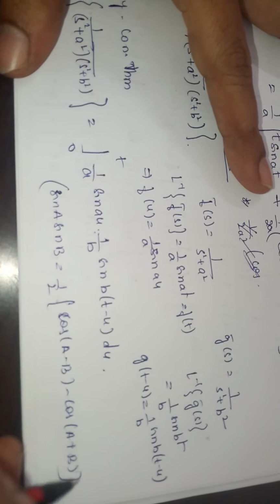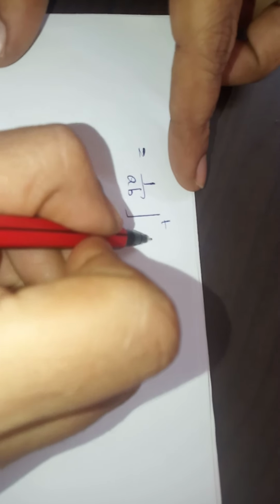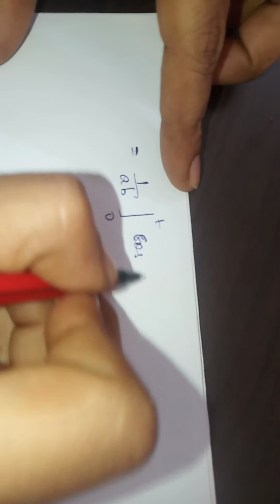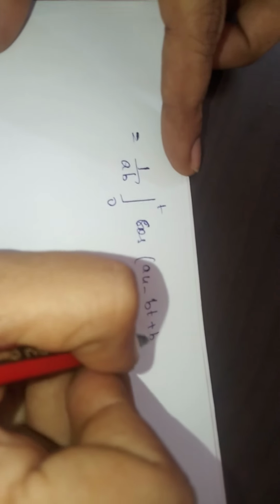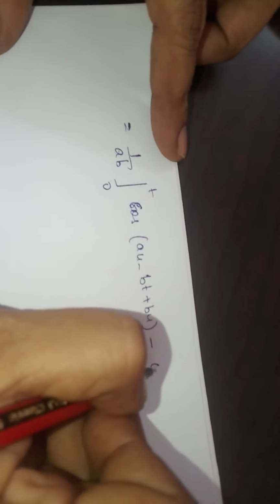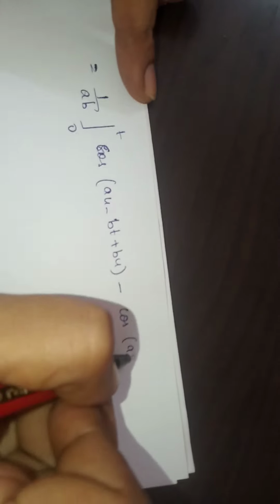Using this result, you get this integral as, this will be equal to 1 by a and 1 by b are constants outside the integration, 0 to t, cos of (a minus b), au minus bt plus bu, minus cos of (a plus b), au plus bt minus bu, du.